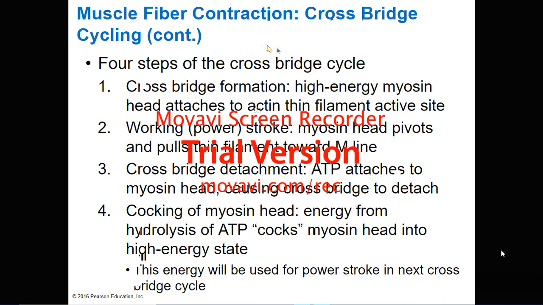The calcium binds to the troponin, which causes the tropomyosin to shift, which allows the myosin head to bind to the actin thin filaments. So you're forming your cross bridge.